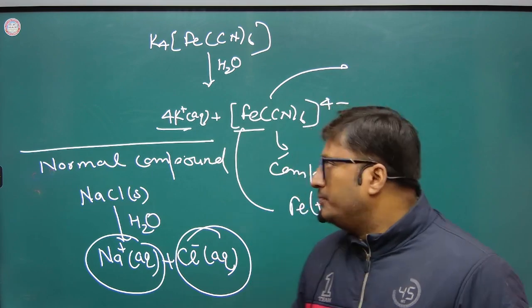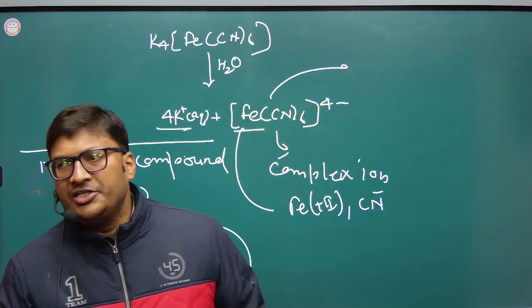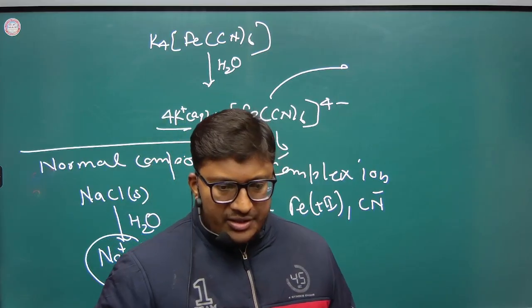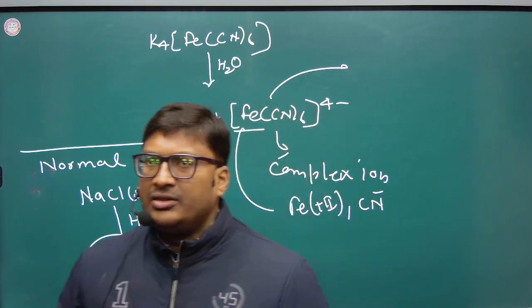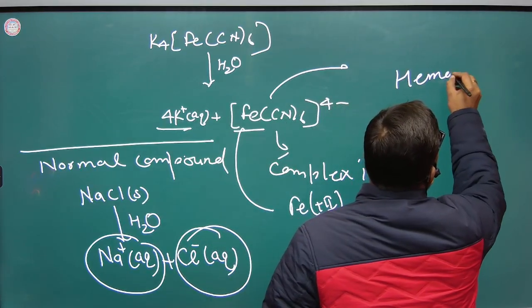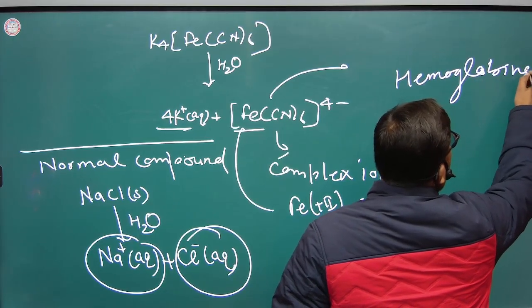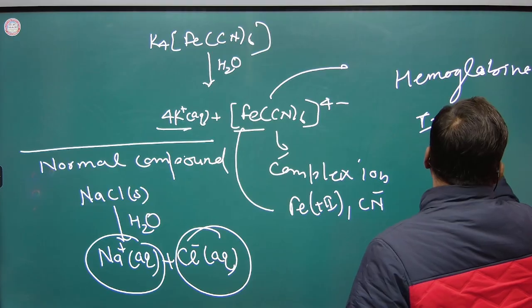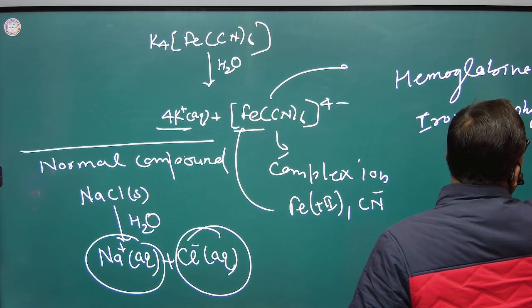Okay, so in nature you can also think of hemoglobin, which acts as an oxygen transporter, right? This hemoglobin is actually a complex compound, and hemoglobin, globin, is an iron porphyrin complex, right?